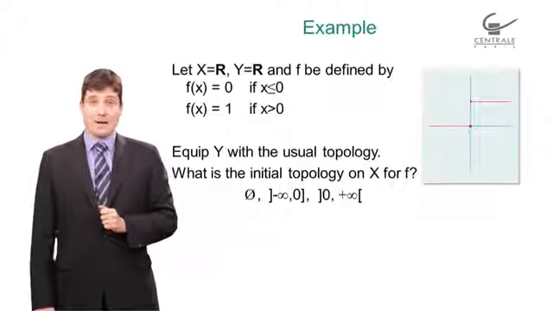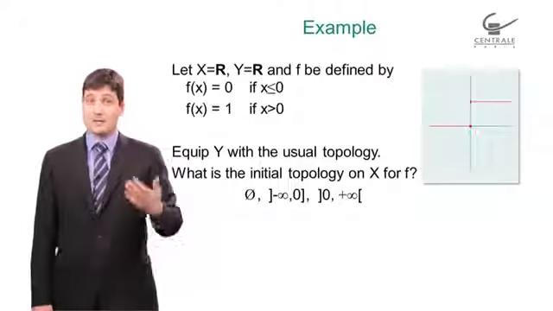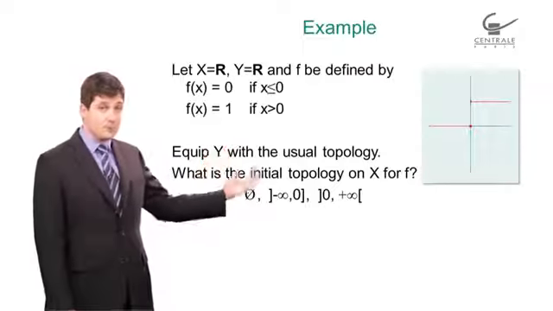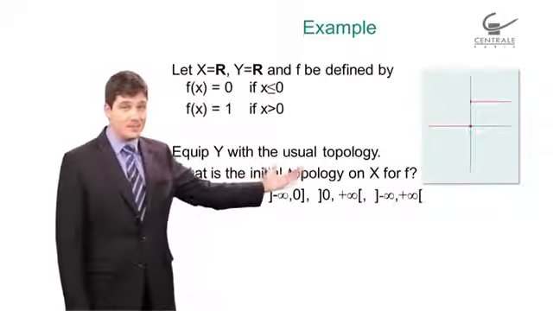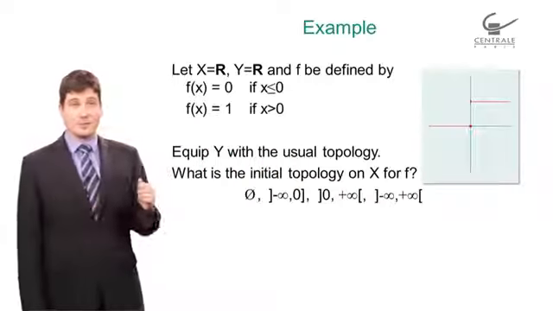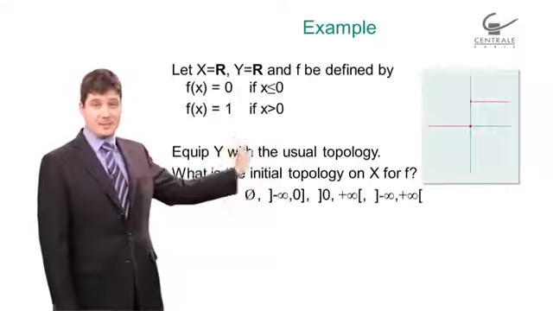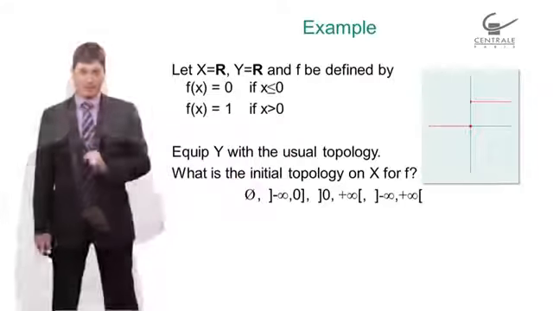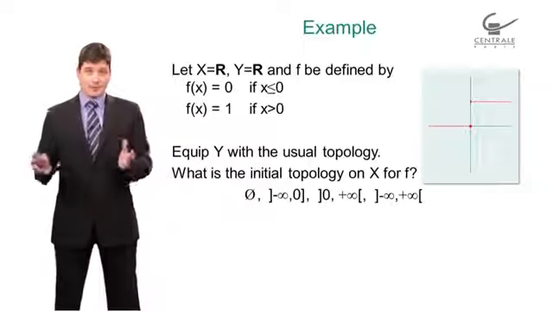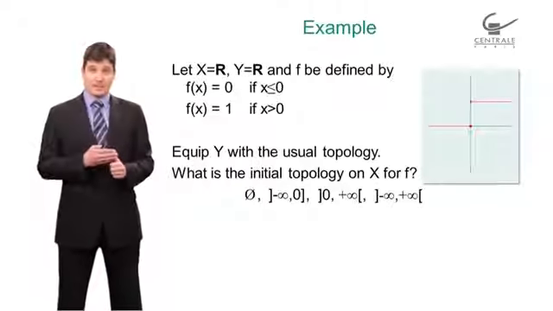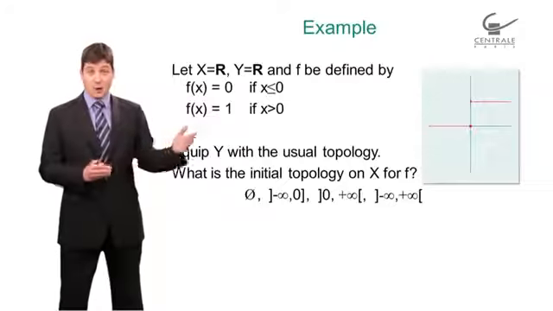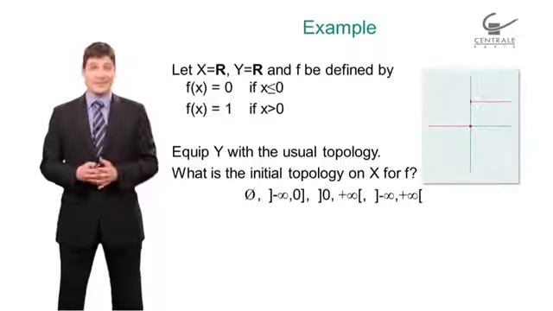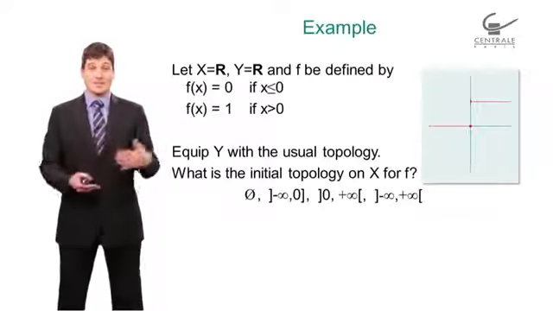Now, I also have to have the unions and the intersections of these sets. Well, the union will give me negative infinity to plus infinity. That's the union of these two sets, (negative infinity, 0] and (0, plus infinity). If I look at these four sets, I have the empty set, I have the whole set R, the unions of sets are here, the intersections of sets are here.